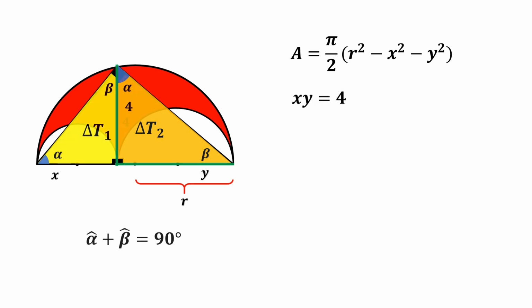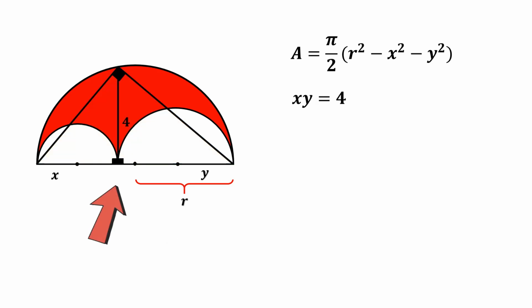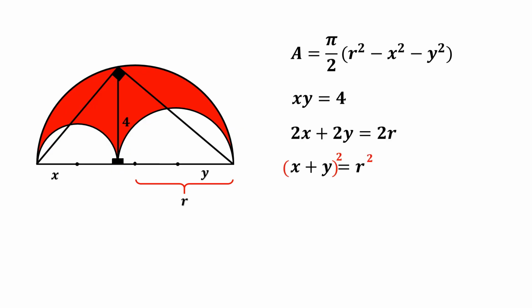But we still need one more relationship. Look at the diameters along the baseline. The diameter of the large semicircle equals the sum of the diameters of the 2 smaller semicircles. So, 2x plus 2y equals 2r, which simplifies to x plus y equals r. Now square both sides. x squared plus y squared plus 2xy equals r squared.